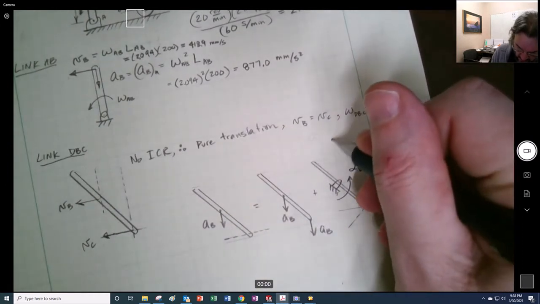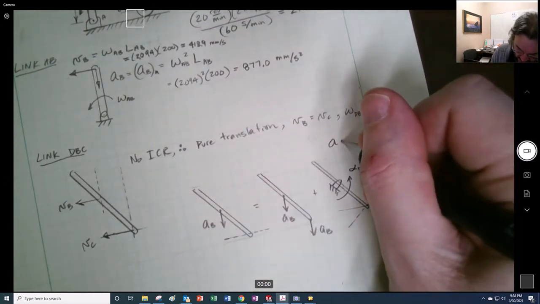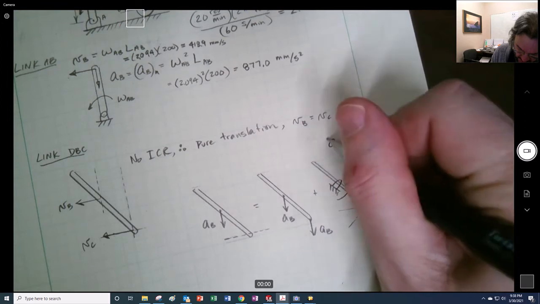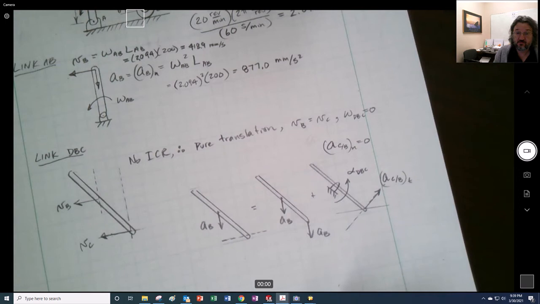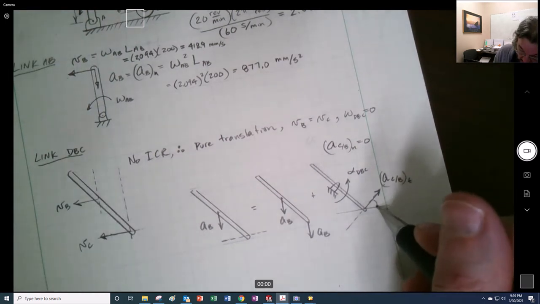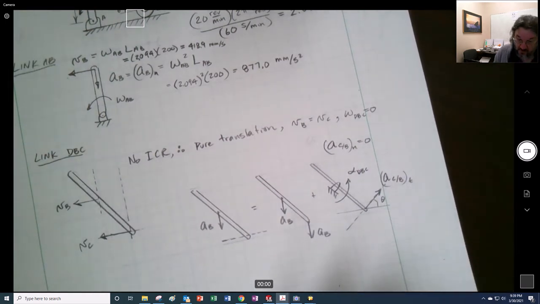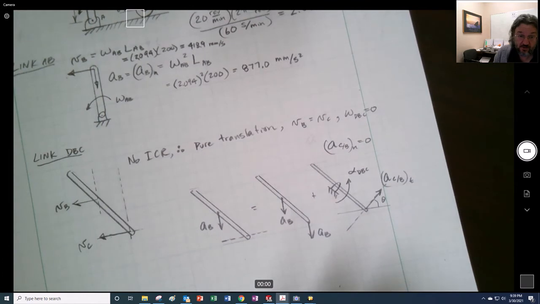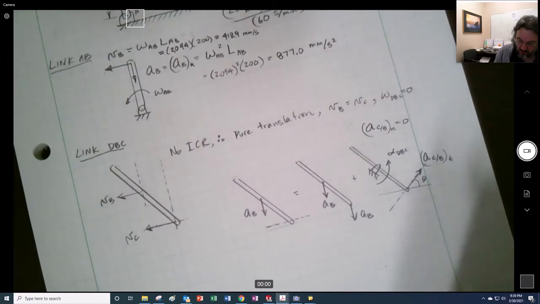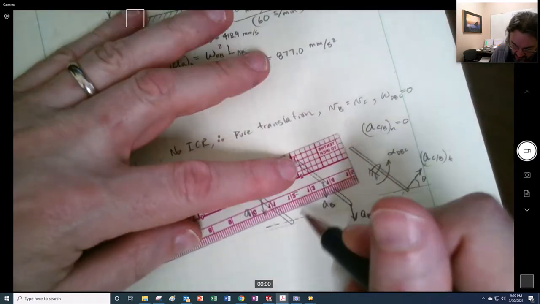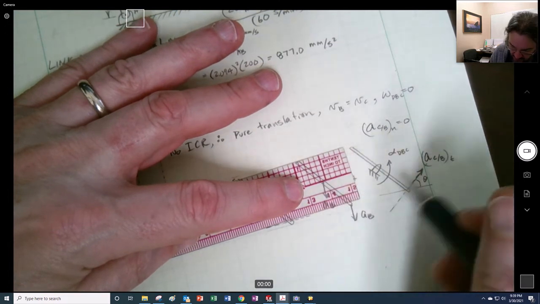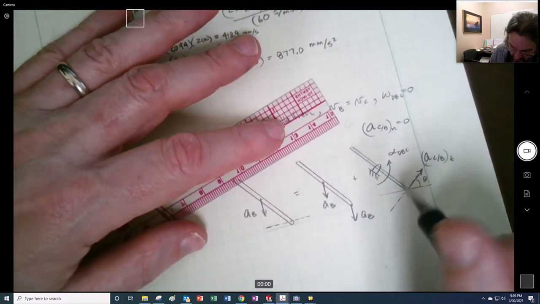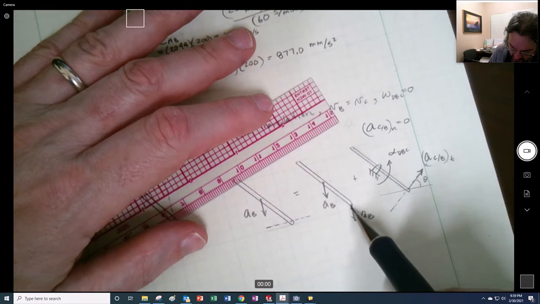And noteworthy, acceleration of C with respect to B in the normal direction is equal to 0. And that's our theta right there. Okay, so knowing that in mind, this had to be upwards to counteract this.